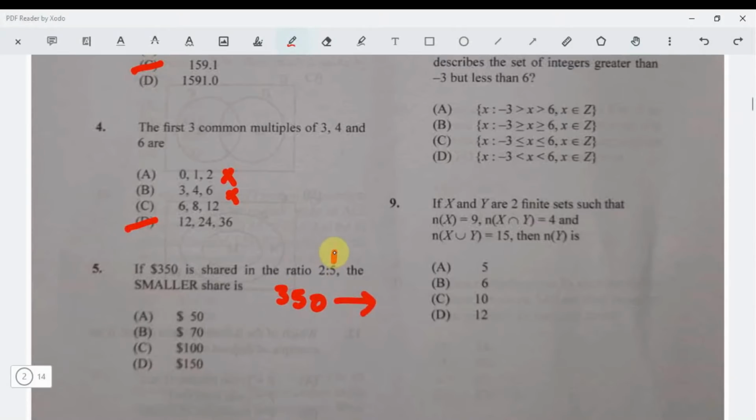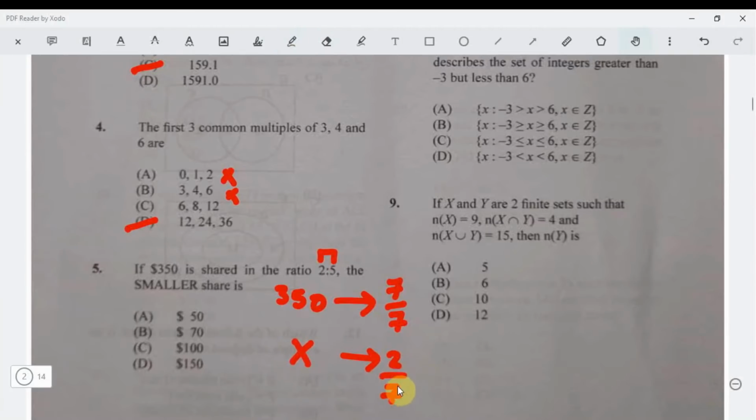The 2 parts, 5 plus 2, which is 7. So that's the whole. 350 is the full total. So we're going to write 7 over 7. And we want to find the smaller share. The smaller share would be the 2 out of 7. And we don't know how much that is. We can just call that X.